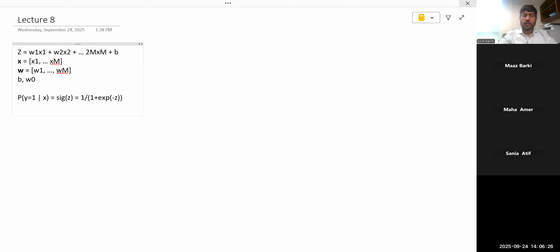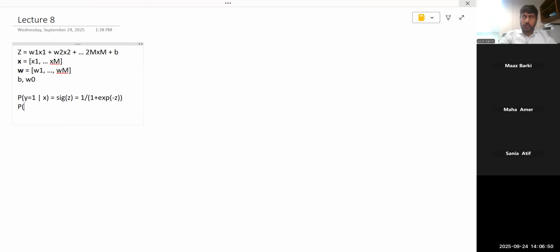Note that z is a scalar. That linear function that I wrote up there will give you a single value. That scalar would then be put into the sigmoid function, which will give you a value between 0 and 1. So P of y is equal to 1 given x would give you a value between 0 and 1.